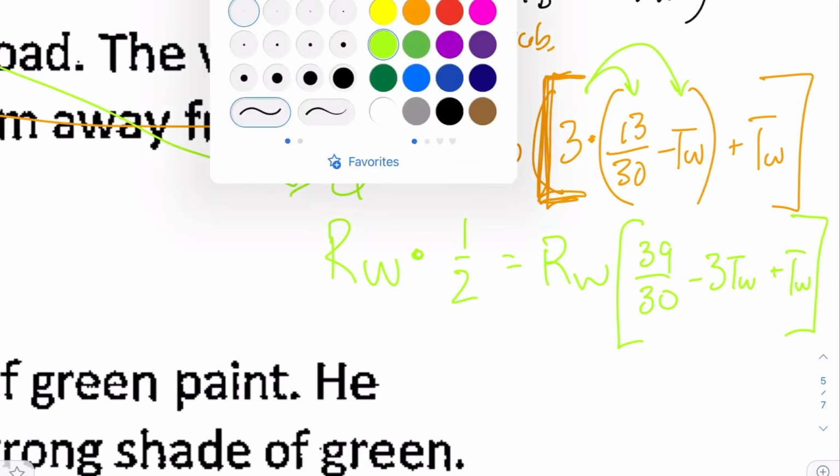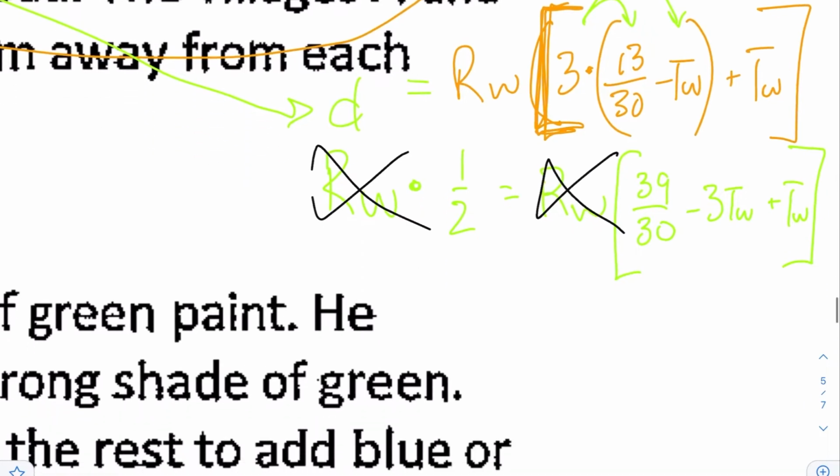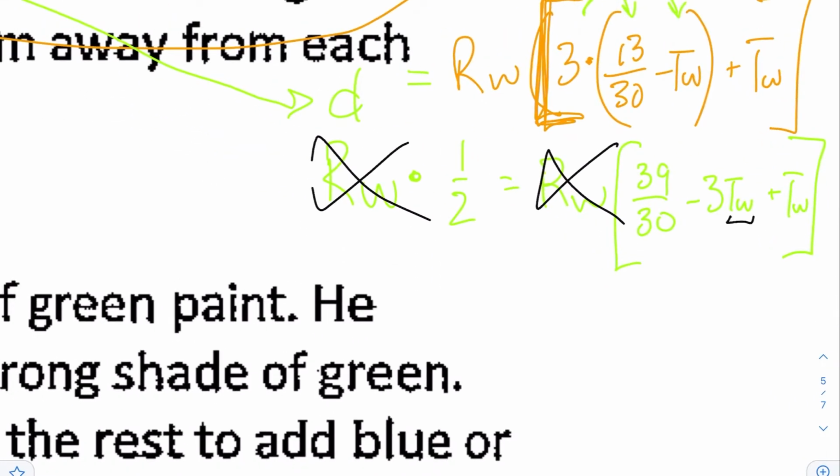And from here, you can divide both sides by RW to cancel that out. So now you have one equation in terms of the walking time. So you have 1/2 is equal to 39 over 30, and minus 3 TW plus 1 TW is equal to minus 2 TW.